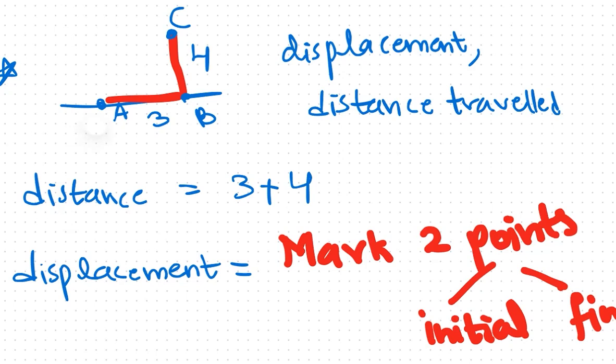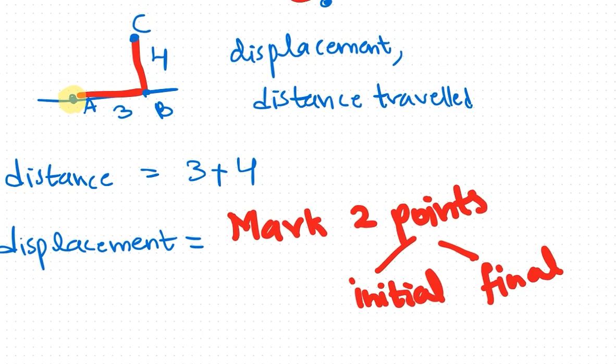In the beginning, the person was at the origin, at point A. In between, he traveled up to B. But what is the final position? Where did it stop? At point C. This is the final point.